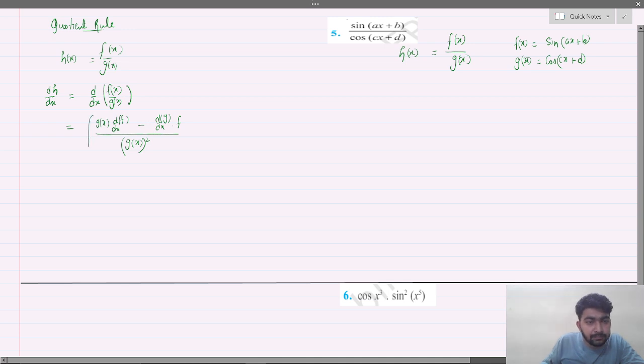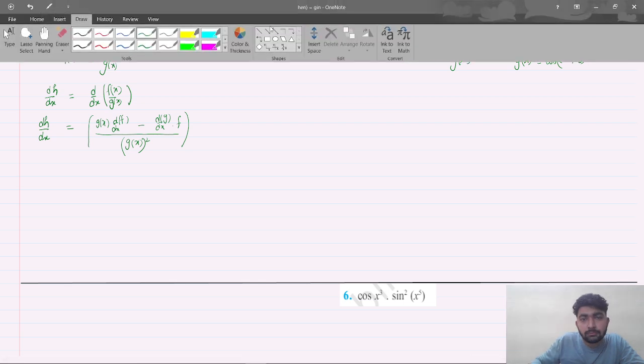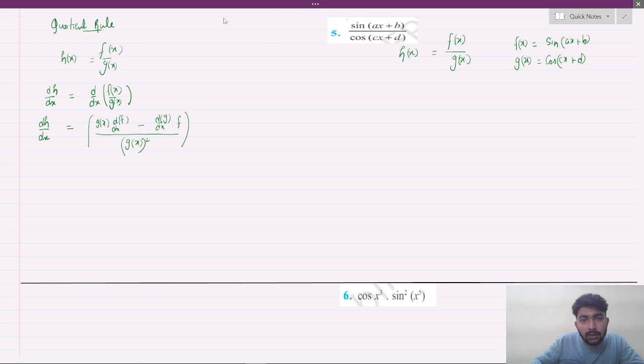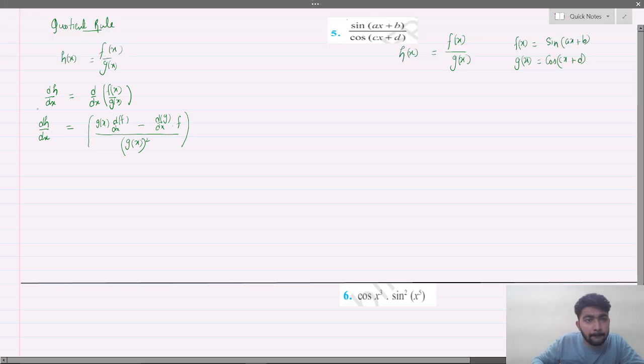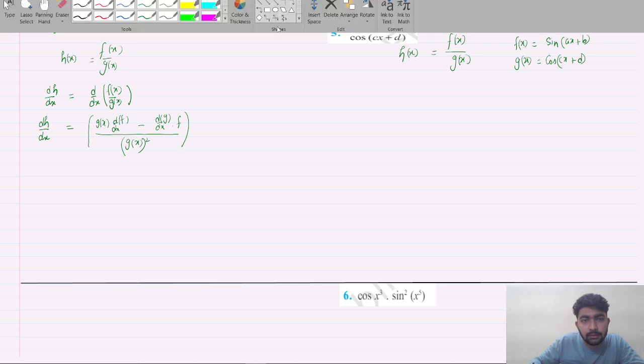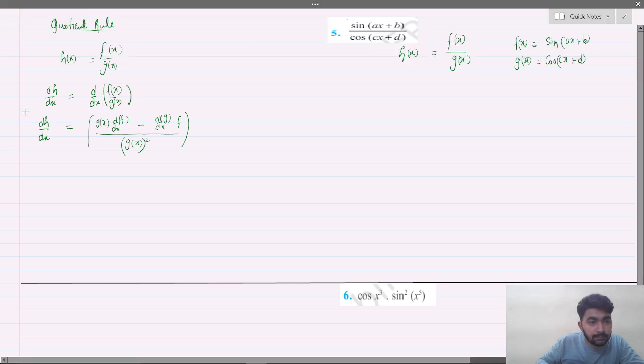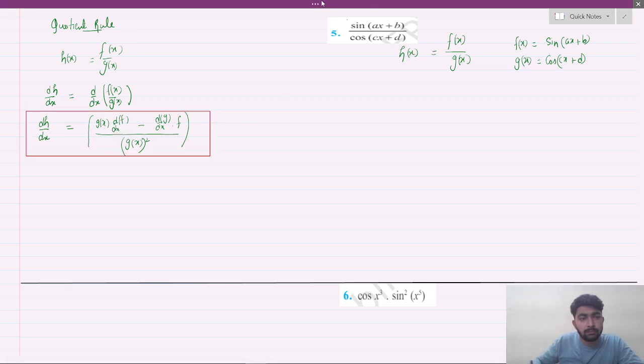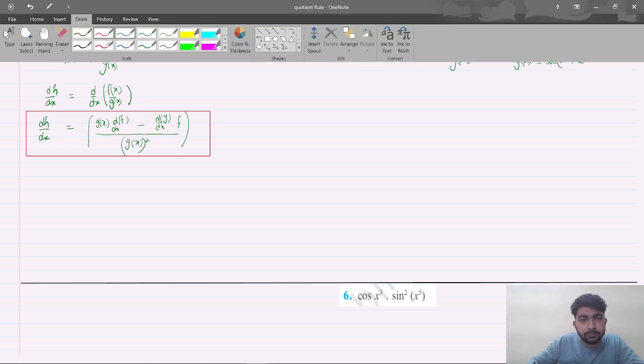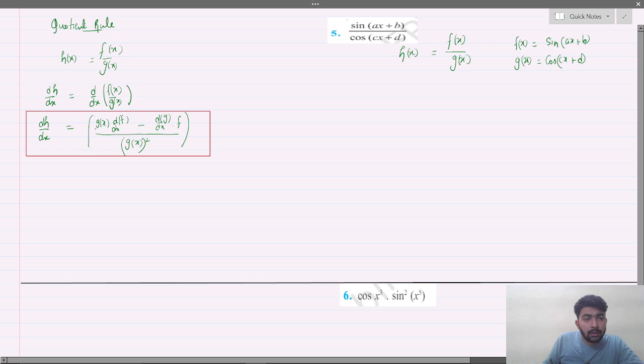So this is your quotient rule for the given function dh/dx. I hope you understood. Here we can easily apply the quotient rule.